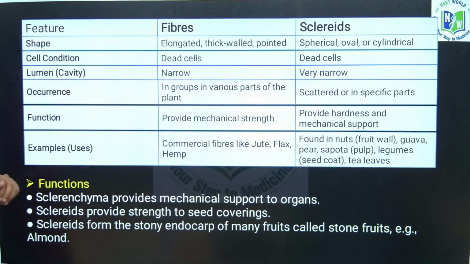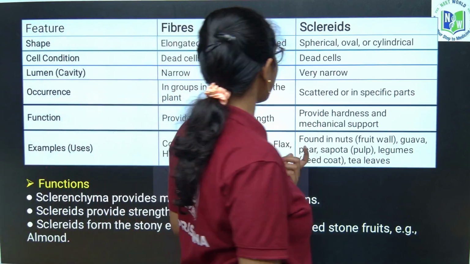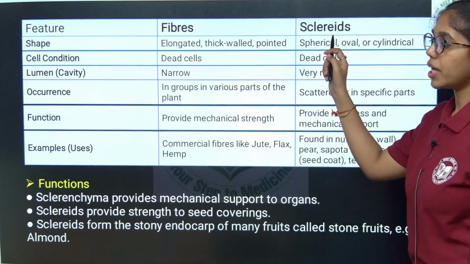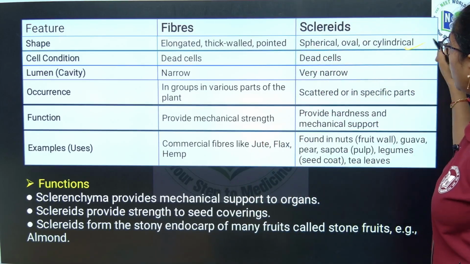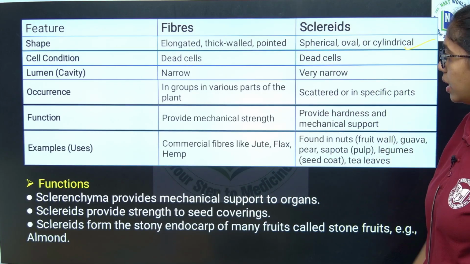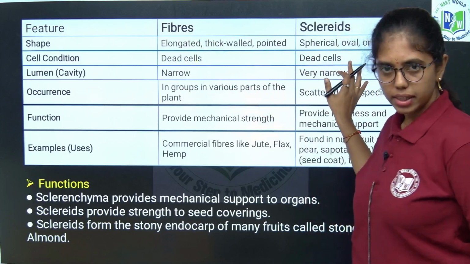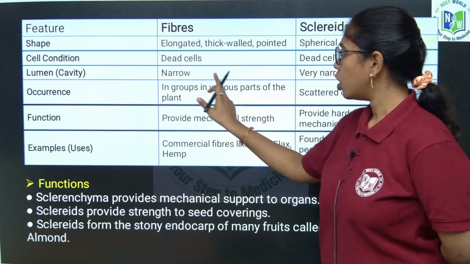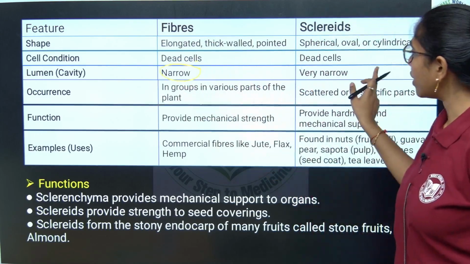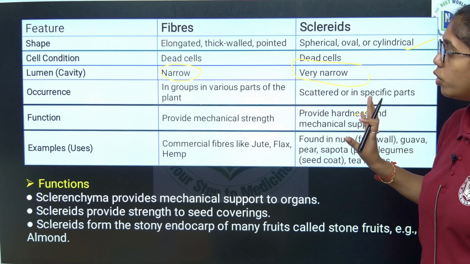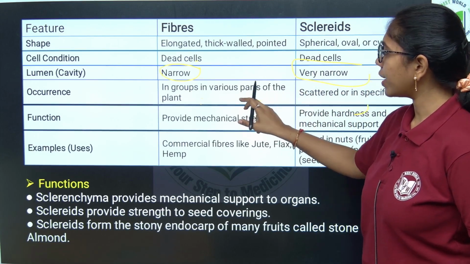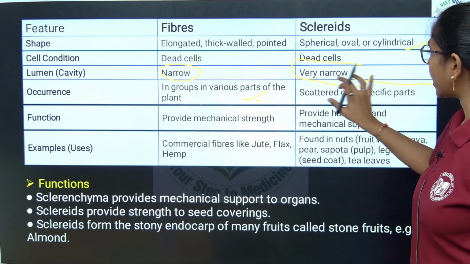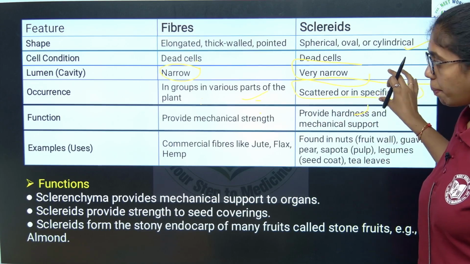This you will see in xylem fibers and phloem fibers. Coming to the shape of sclerids, they are spherical, oval and cylindrical. As for cell condition, both are dead cells because they are sclerenchymatous. The lumen is narrow in fibers, and very narrow in sclerids. Their occurrence in various parts of the plant: they are scattered in specific parts.